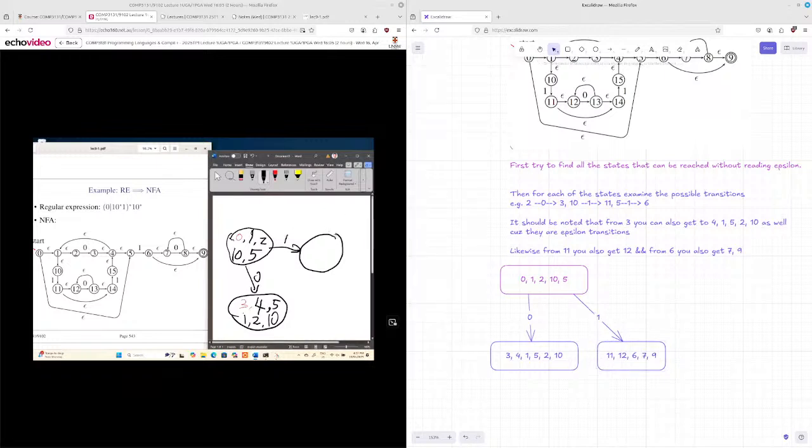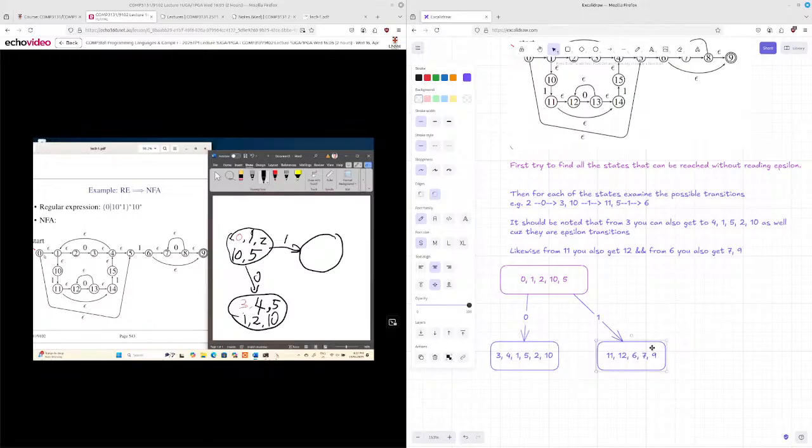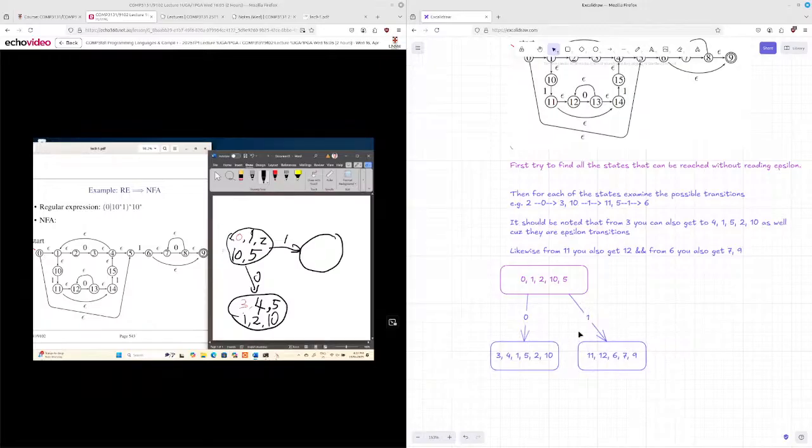Then again, you examine all these states one by one. You look for the transitions labeled by 1 only. You start from 0, there's nothing labeled by 1. You look at 1, there's nothing. You look at 2, then you look at 5, there's 1. So once in 5, you can reach 6. So just put 6 in. And 10.